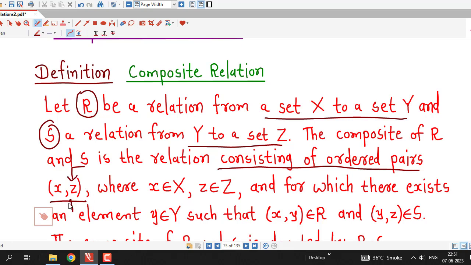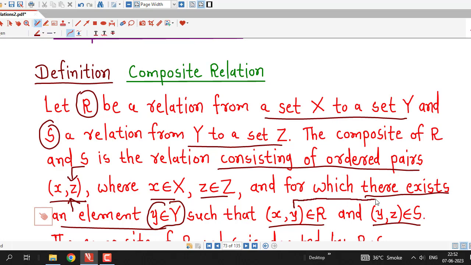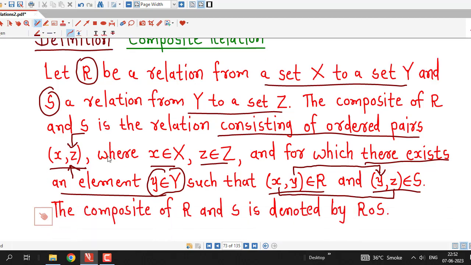So ordered pair (X, Z) is in composition of R and S if X belongs to capital X, Z belongs to capital Z, and there exists an element Y in set capital Y such that (X, Y) belongs to R and (Y, Z) belongs to S. That is, the second component of this ordered pair is the same as the first component of this ordered pair, and from this we find that (X, Z) is a member of composition of R and S.